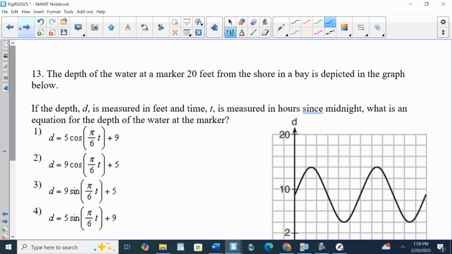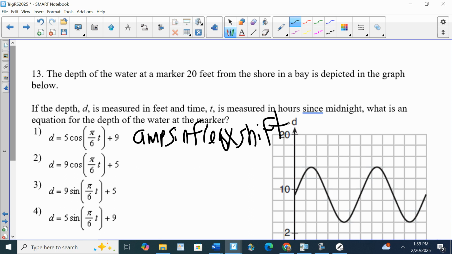If you are writing an equation, amp, sine, freak X, shift, if it's multiple choice, it's easiest to cheat. By cheat, I mean, is this wave a sine or cosine, positive or negative? It's a positive sine because it's starting at the midline and going up, so those are out.